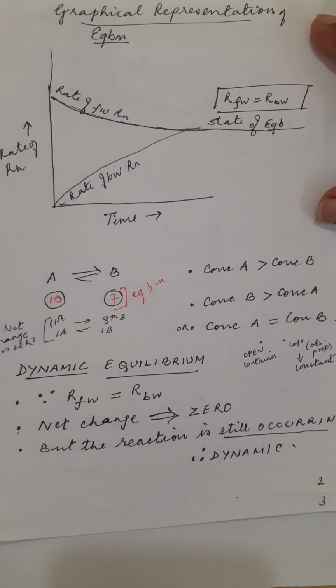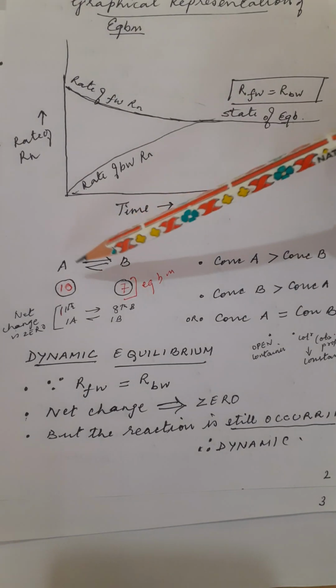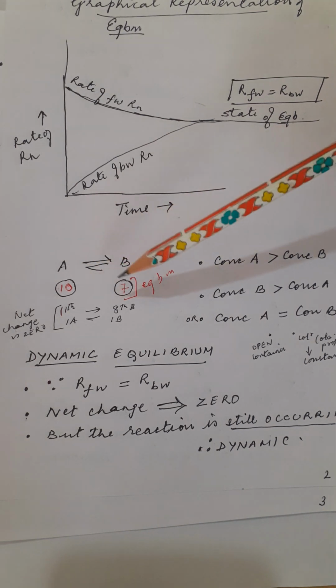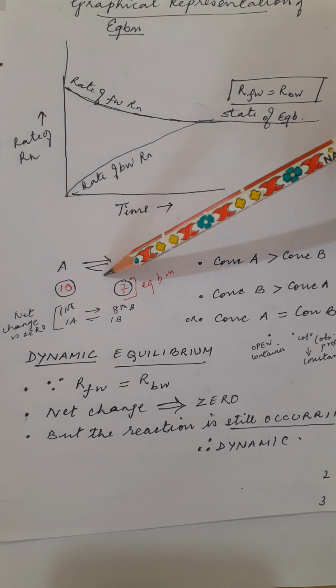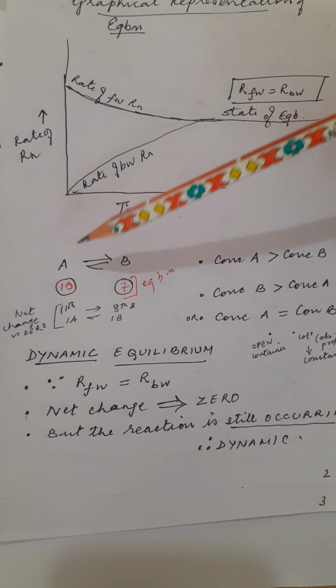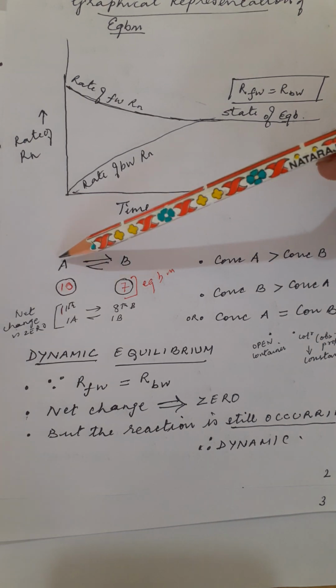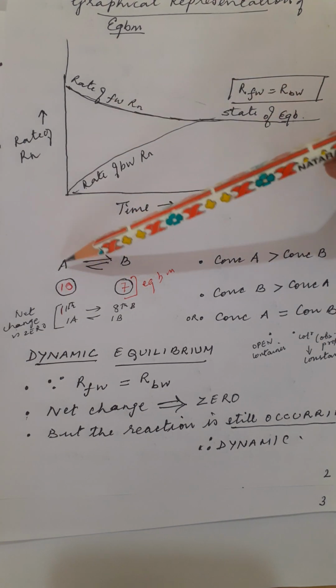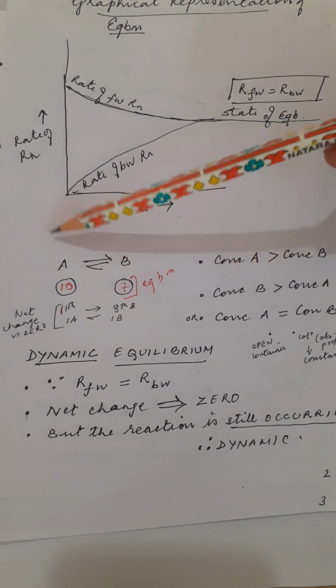Now let us try to understand this a little more. I have over here a general reaction A changing to B, but because this is representing a reversible reaction, I have these two arrows. So let me read it as A reversible B. Let us assume that a certain amount of reactant A was taken and it got converted to B, and the reverse process also began.